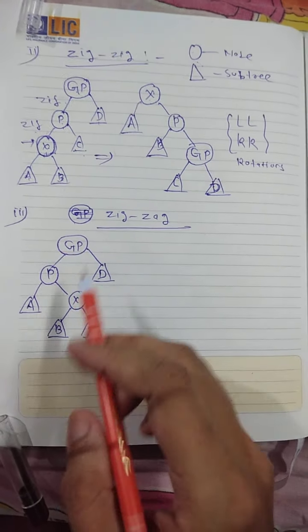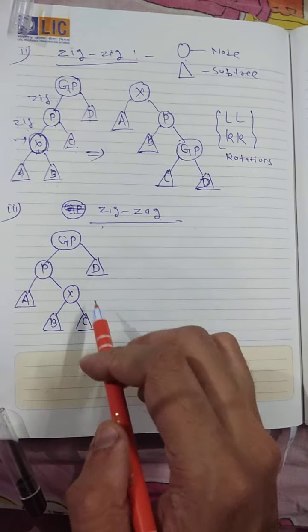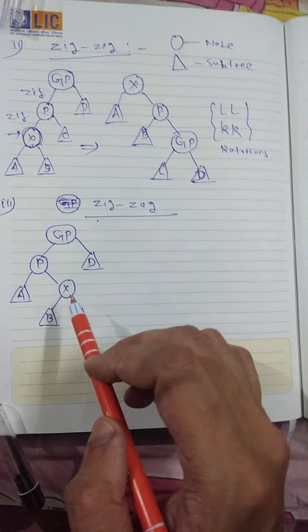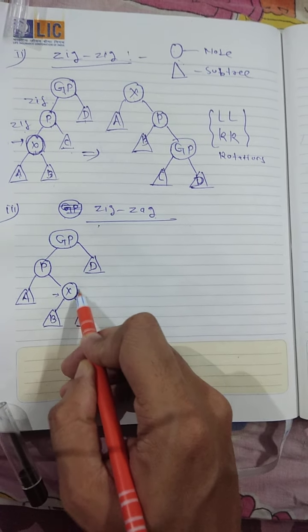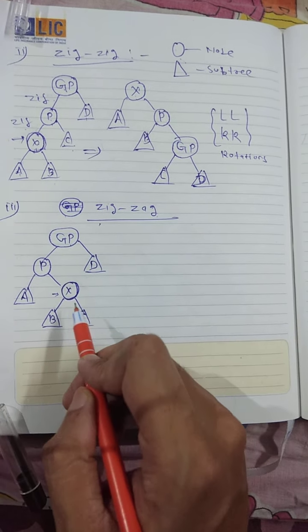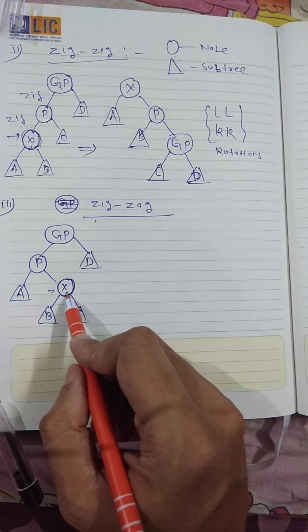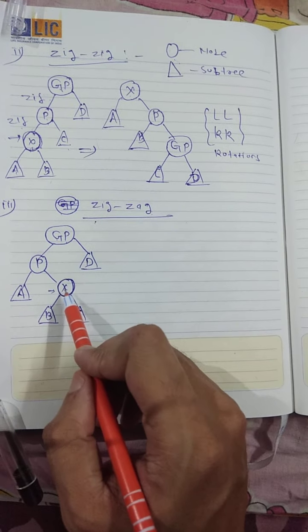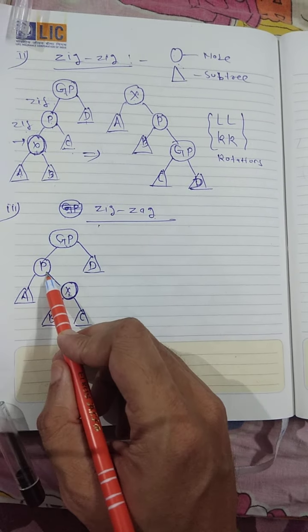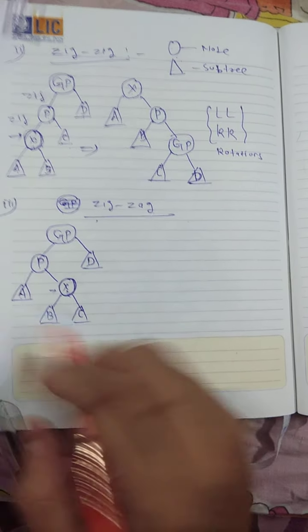Next, the third type is zigzag rotation. In the zigzag rotation, suppose this is a tree, this is your node and some subtrees are there. Suppose X is our target. That means we need that record several number of times, so we splay that record towards the root. Here is the parent of X, and here is the grandparent, and A, B, C, D are the subtrees.